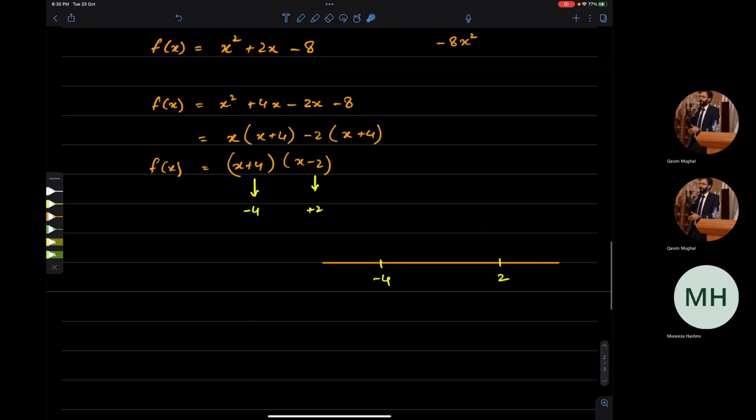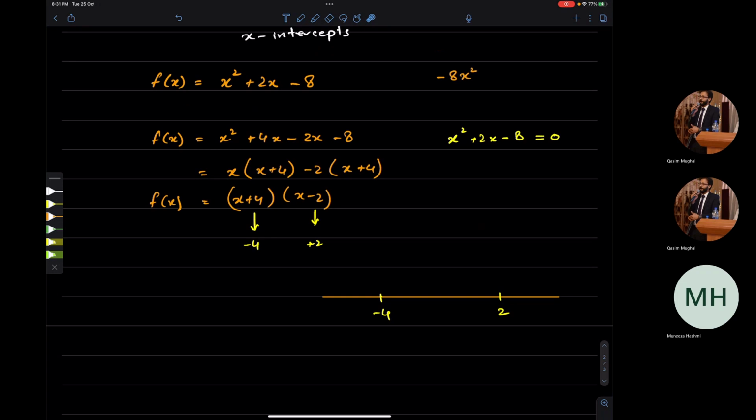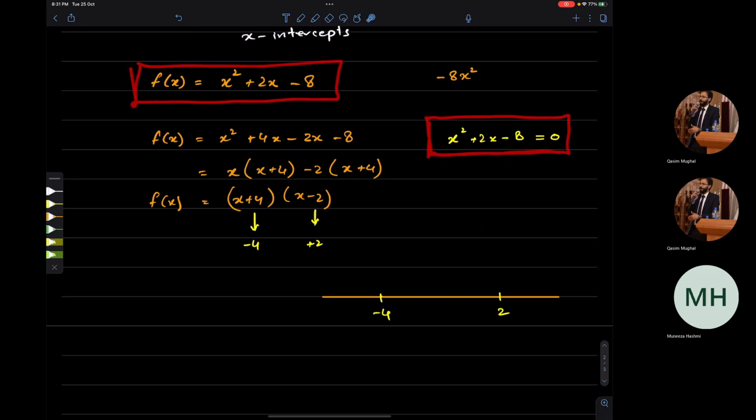Now, do you remember that when we are solving the equation x squared plus 2x minus 8, we have 0 on the right hand side? If you try linking this 0 with this function, compare this and this.